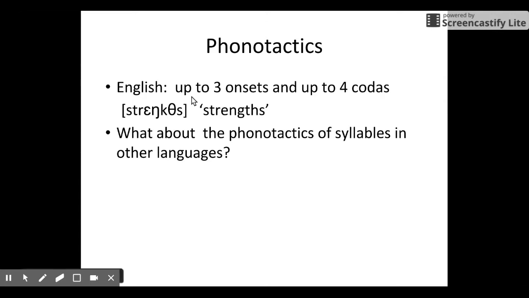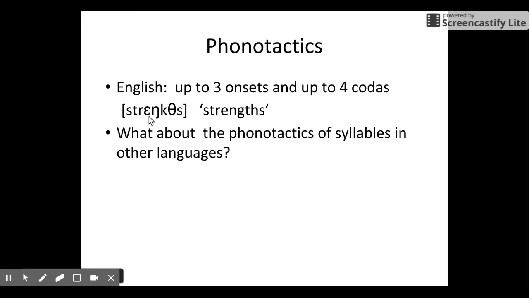So let's take a look at the phonotactics of English again. We have this word strength. So in English, we can have maximally up to 3 onsets and up to 4 codas as shown in this word.